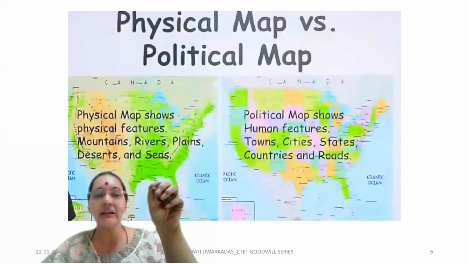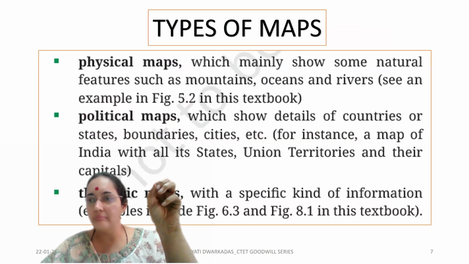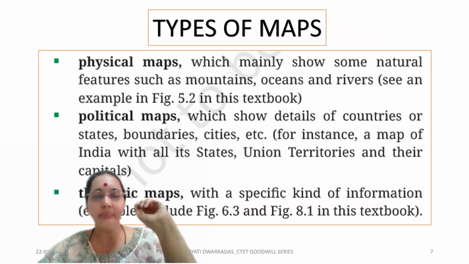So when you are talking about natural features like mountains, plateaus, oceans, rivers, you would mark them on a physical map.